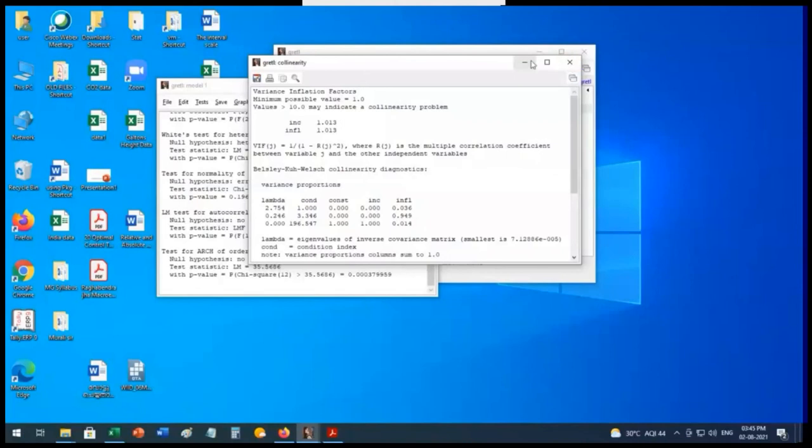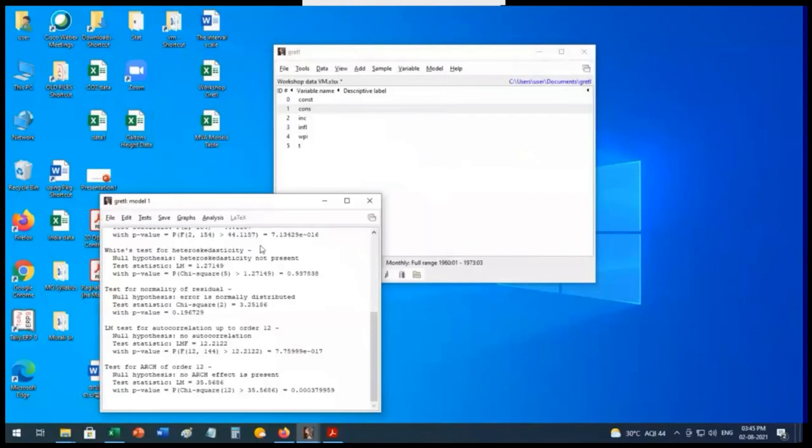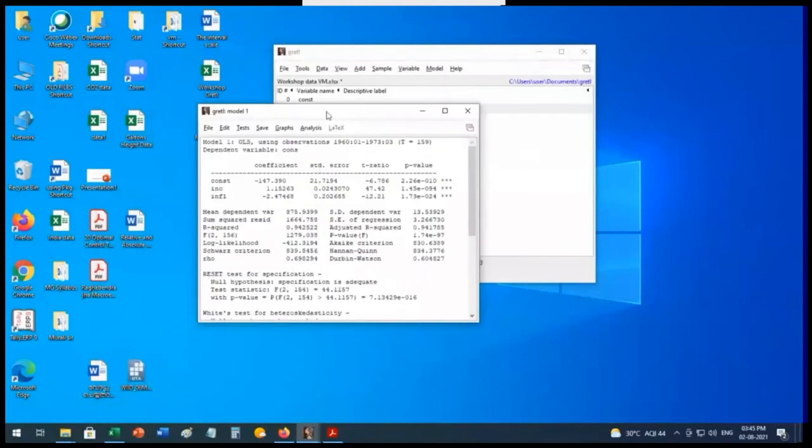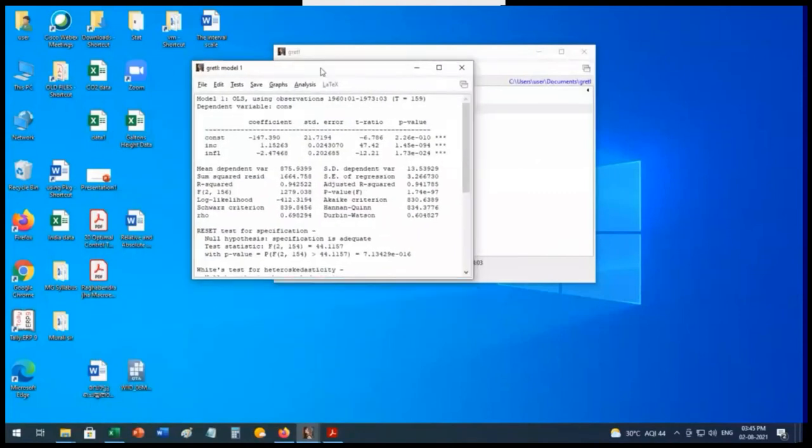Okay, leave it. Now I am going back to our regression result. I told you about a non-stationarity problem. An effect of the non-stationarity problem appears here in terms of this high R squared and low Durbin-Watson statistic.